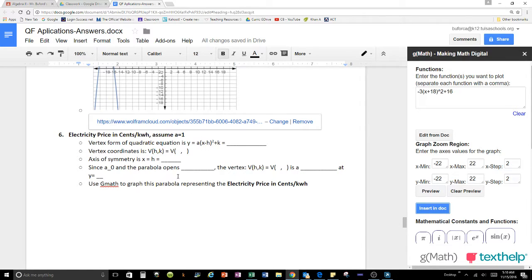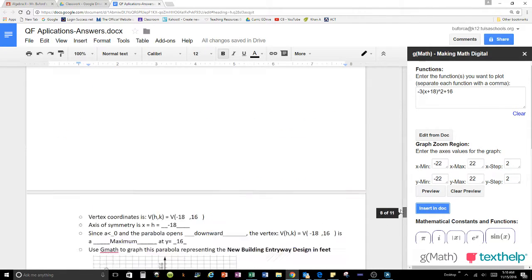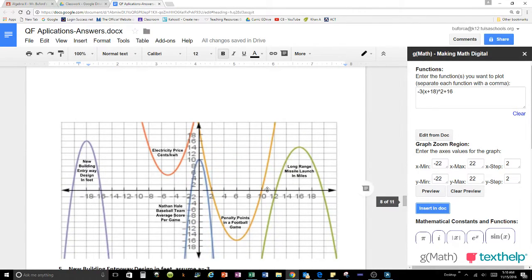Let's do the next one, electricity price. The h and the k are at the vertex. At the vertex, the x value is negative 5, so that's our h. The y value is 5, so that's our k. So our h and k is minus 5 and 5.